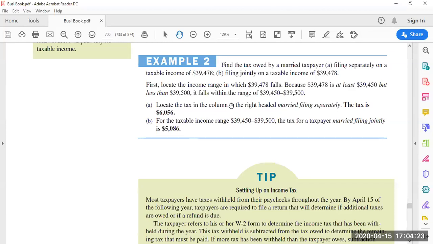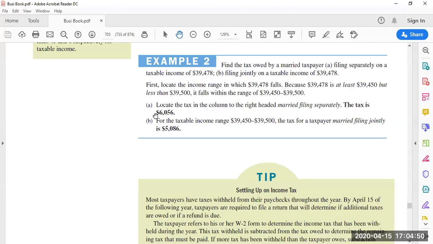So we can see that using the tax tables, we can easily go to those tables with our taxable income and quickly find the amount of tax that we should have paid for the year on that amount of income. Now, on your W-2 form, this is very important because this number is the federal income tax amount.